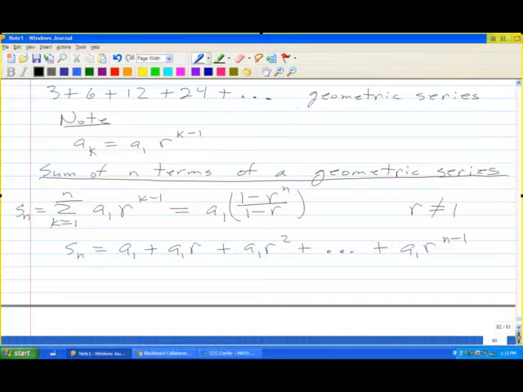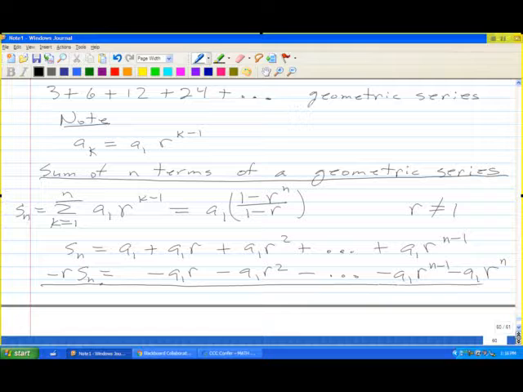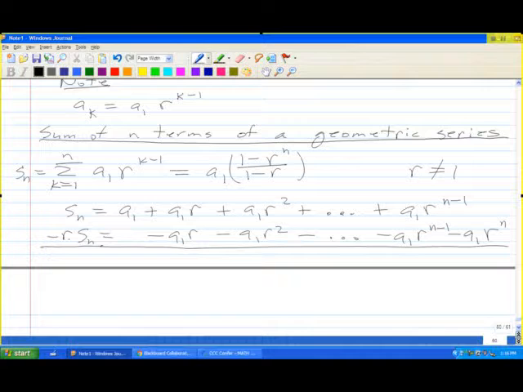Now, let me multiply by, let's say, negative r. This will equal negative a1 r minus a1 r squared, and so on, minus a1 r to the n minus 1, minus a1 r to the n. And let's add these up. So if I do that, I'll get S sub n minus r S sub n.